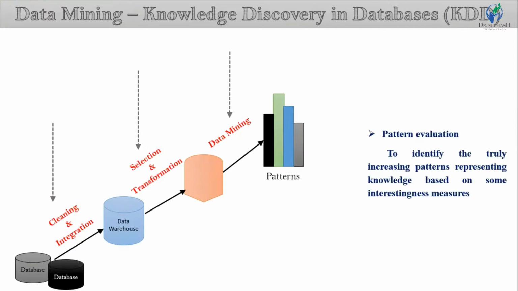So, with the help of pattern evaluation, we find the interestingness score of each pattern. In pattern evaluation, we use data summarization and visualization to make data understandable by the user. So, this way, pattern evaluation works.